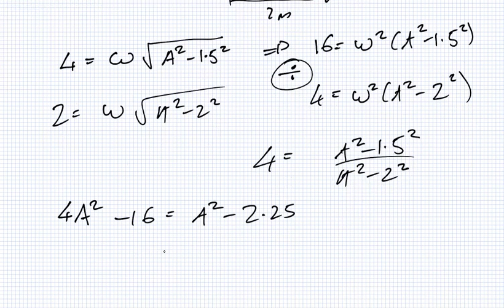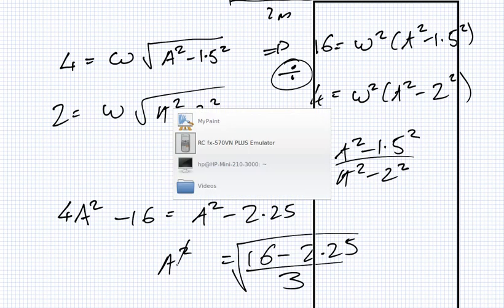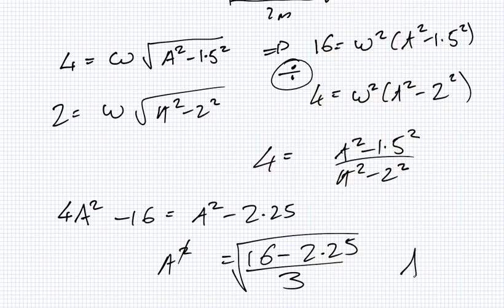Okay, so we end up with a squared equals 16 minus 2.25 over 3, and the square root of that gives us the a. So that is 2.14 meters, the amplitude. Seems reasonable.